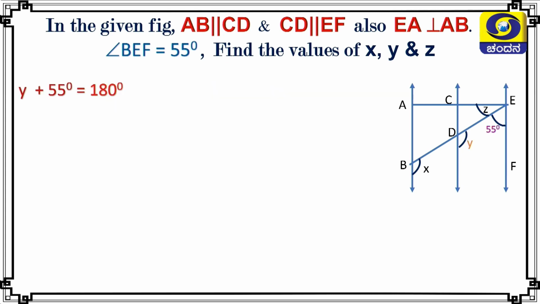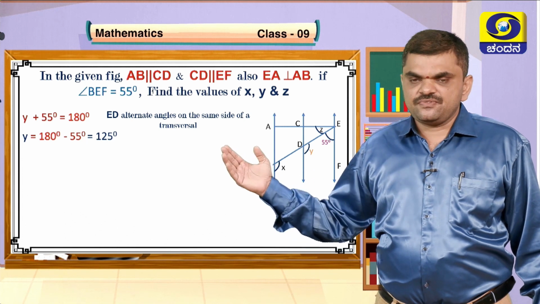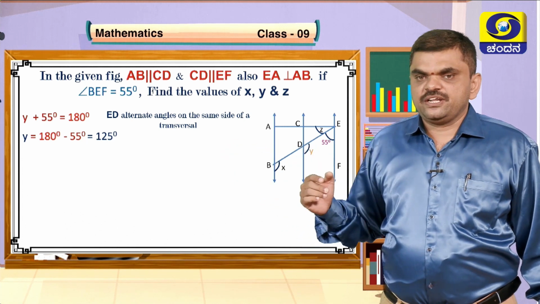Now y plus 55 is equal to 180 degrees. Y plus 55 is equal to 180 degrees because ED is alternate angles on the same side of a transversal, children. Now y is equal to 180 degrees minus 55 degrees, that is equal to 125 degrees.